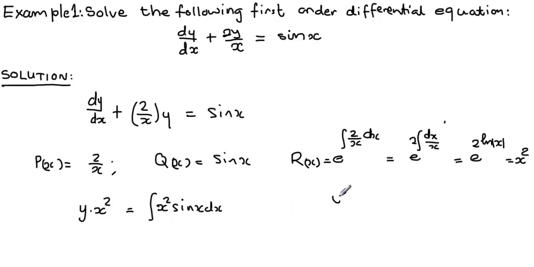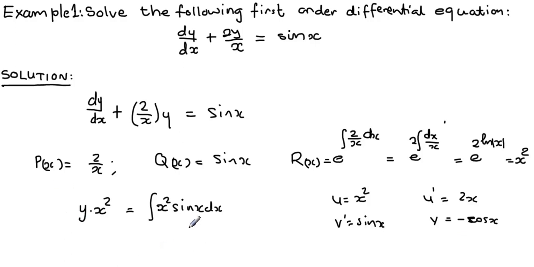Let's say u equals x squared, and u prime would be equal to 2x. And v prime would be sine x, and v will be minus cosine x.